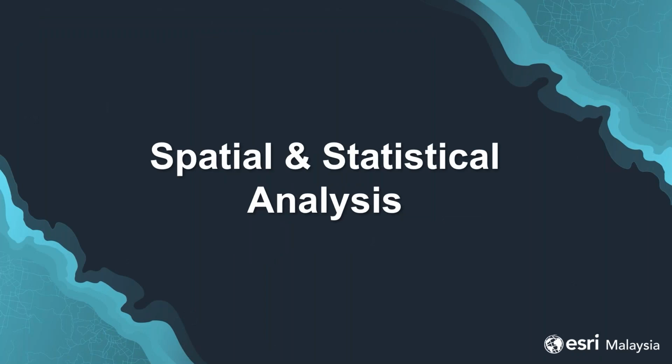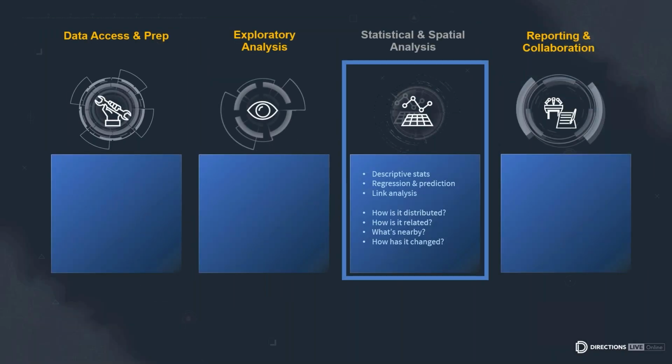All right, so for spatial and statistical analysis, this is where we get to answer the specific questions that we identified earlier in the exploratory analysis phase. It includes basic things like descriptive stats, but also more advanced analytical operations.